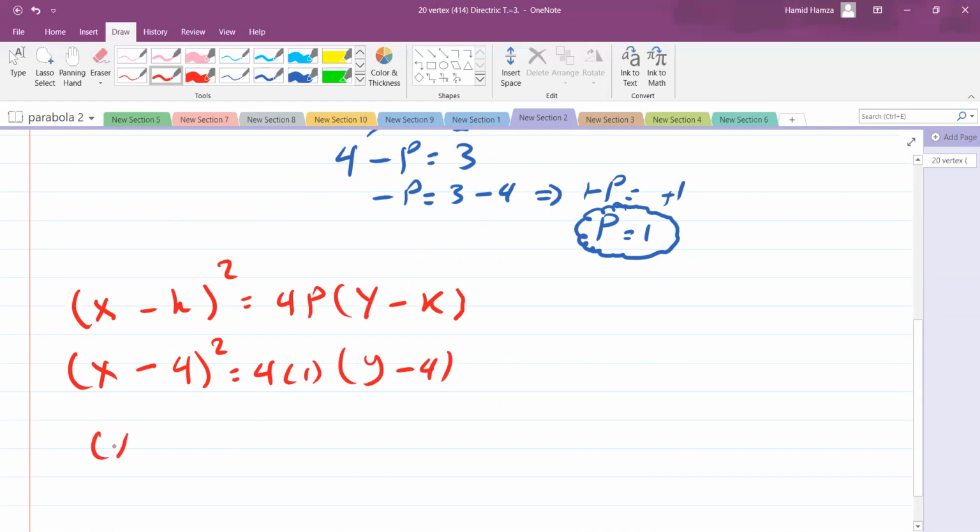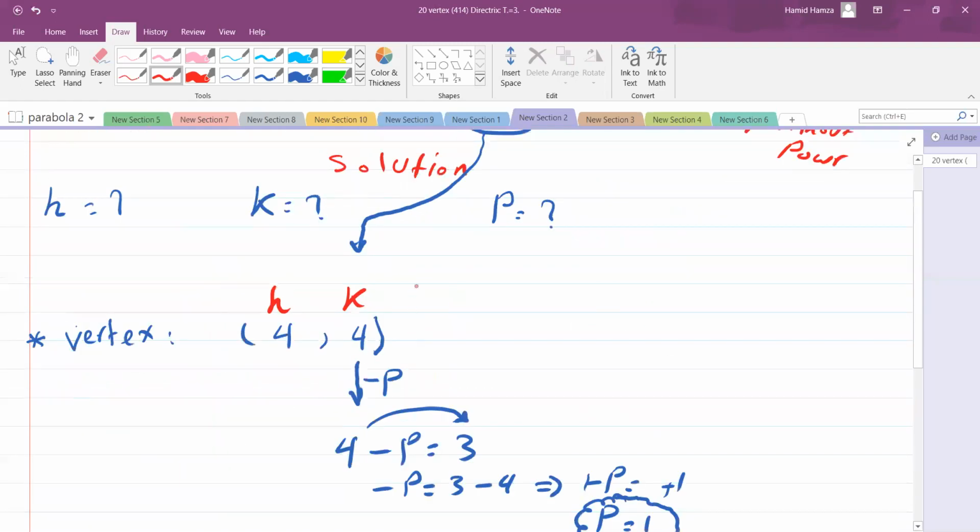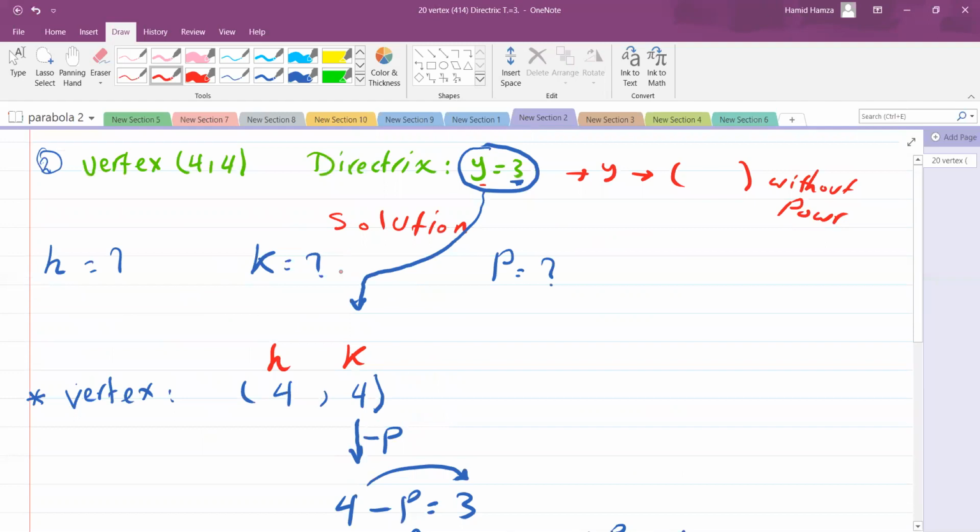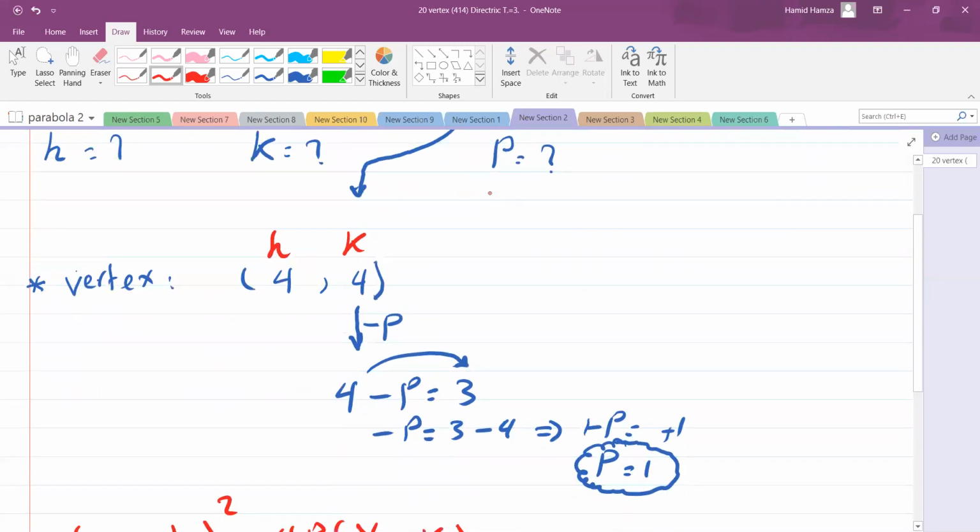So the equation is x minus 4 raised to power 2 equals 4 by 1 is 4, y minus 4. So this is the equation of the parabola whose vertex is (4, 4) and directrix is y equals 3.